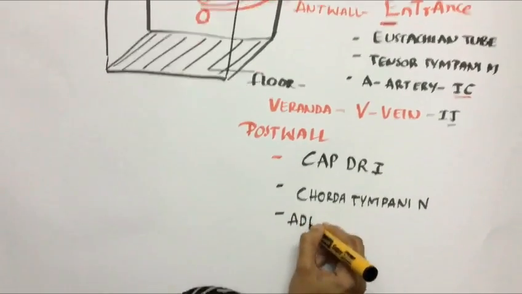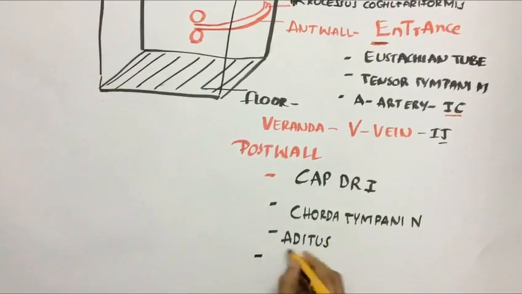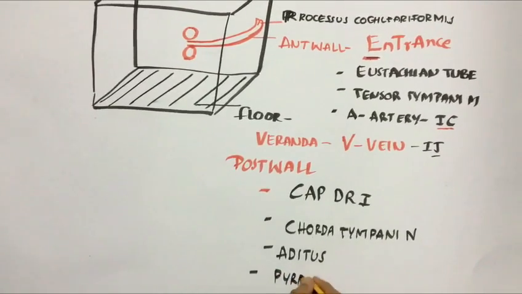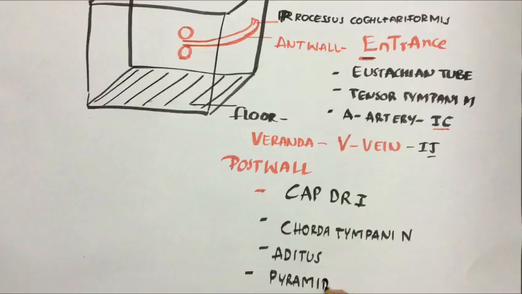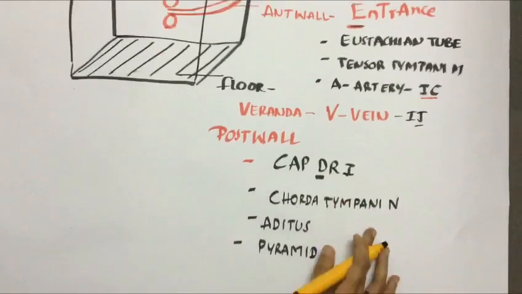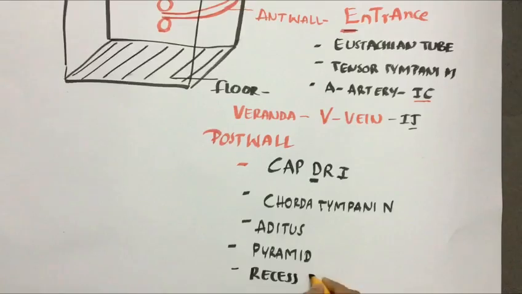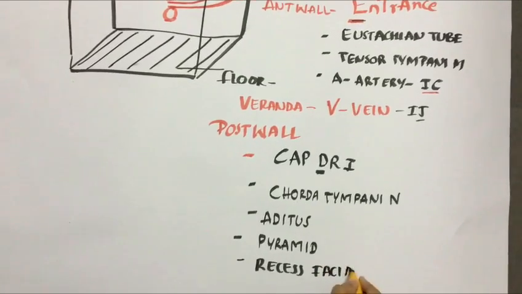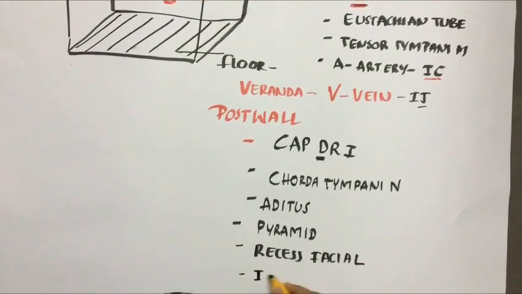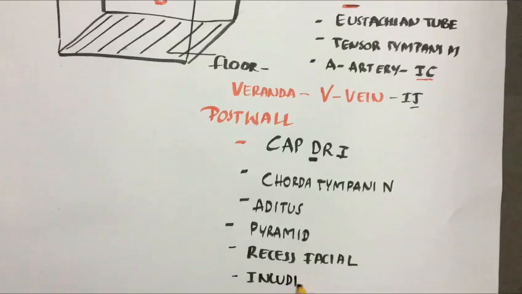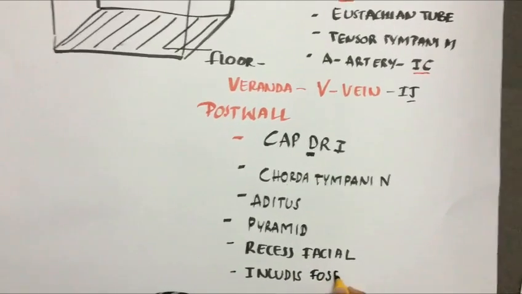A for aditus. P for pyramid. D, just take it like that. R for recess, facial recess. I for incudis, fossa incudis.